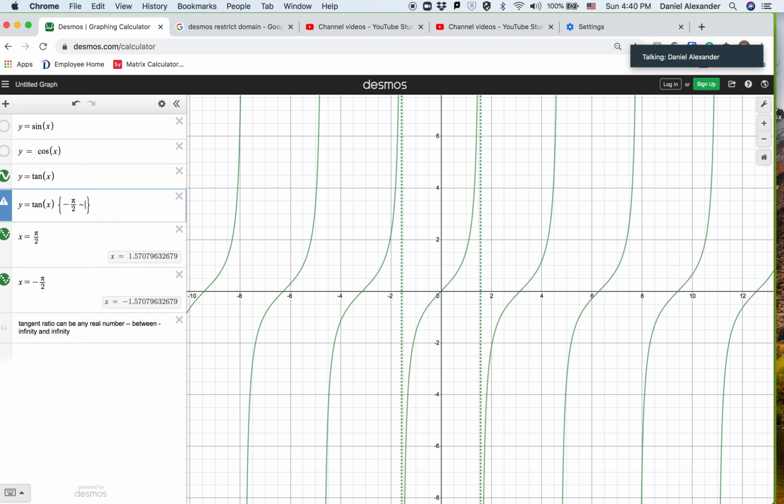By the way, the way I get that less than or equal sign is I do option less than or option greater than.